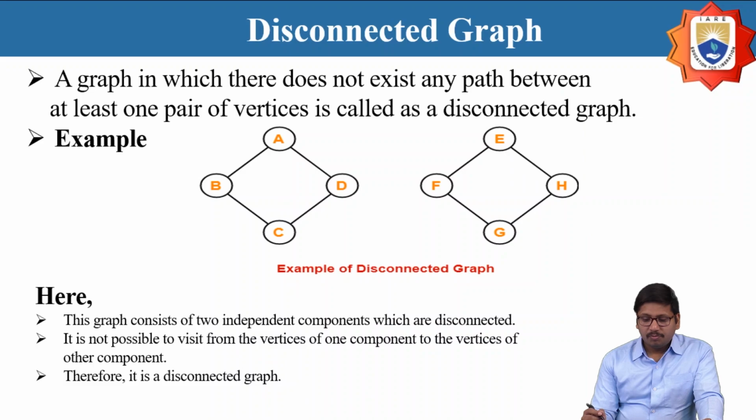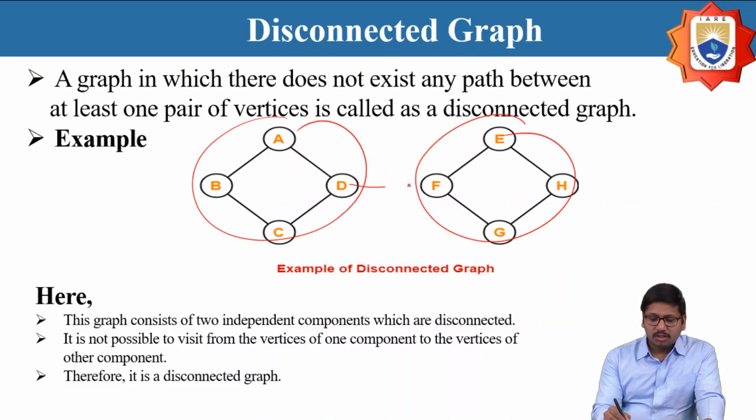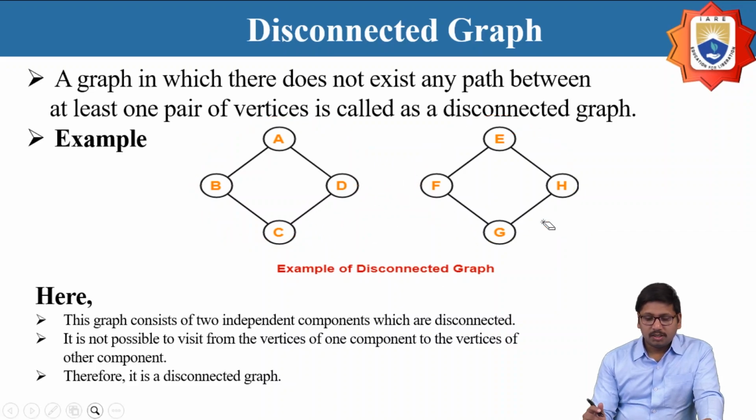And disconnected graph means, so this is one graph and this is another graph. There is no connection between these two graphs. That's why it should be called a disconnected graph. A graph in which no path exists between any pair of vertices is called a disconnected graph.